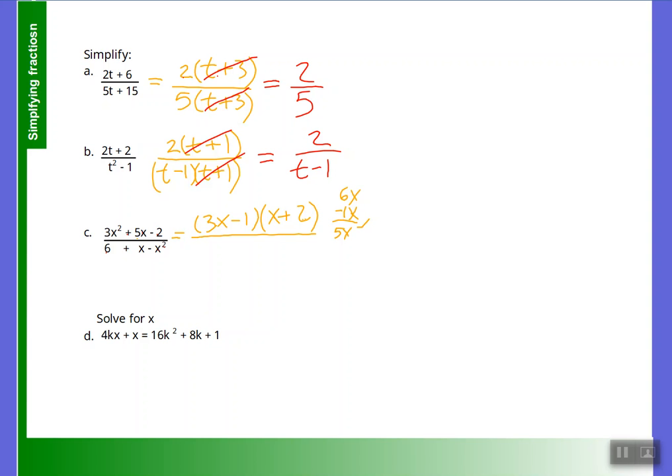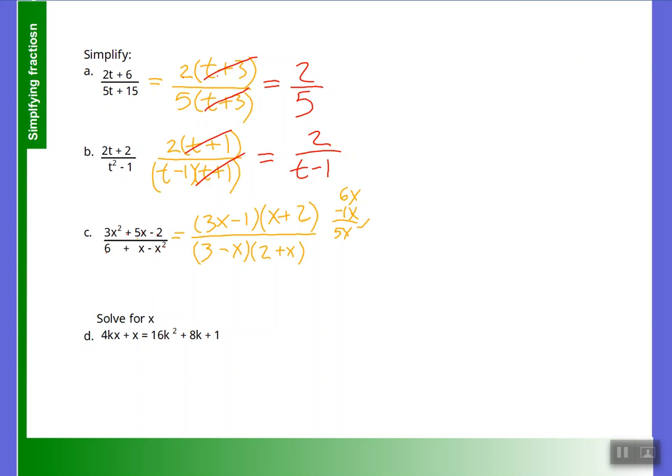All right, Charlotte? You were trying to figure out which x was negative or positive, so we think it's negative x plus 3, and then positive x plus 2. All right.